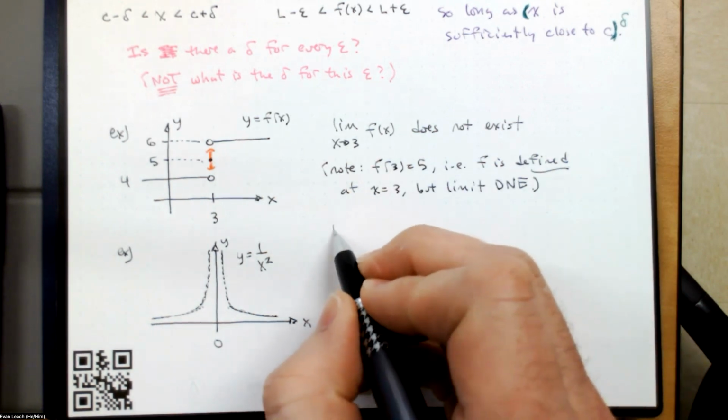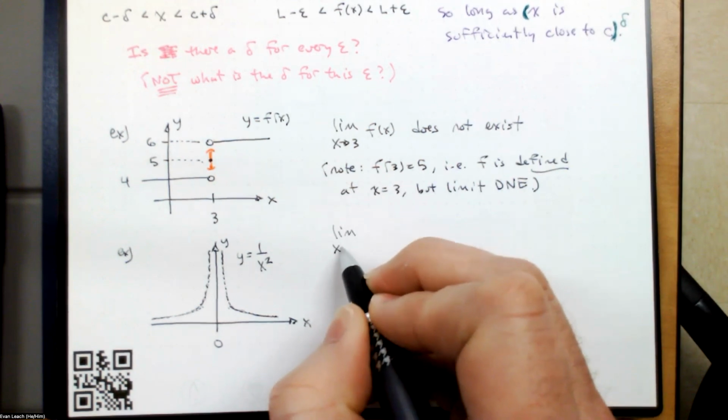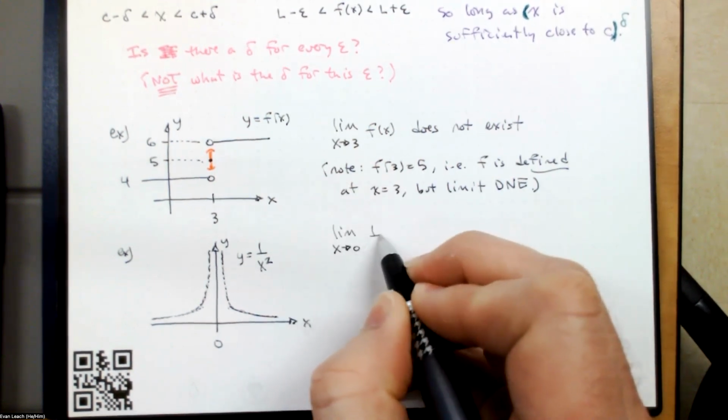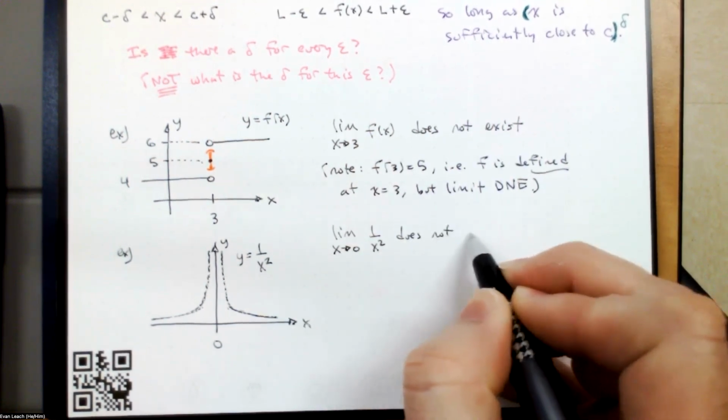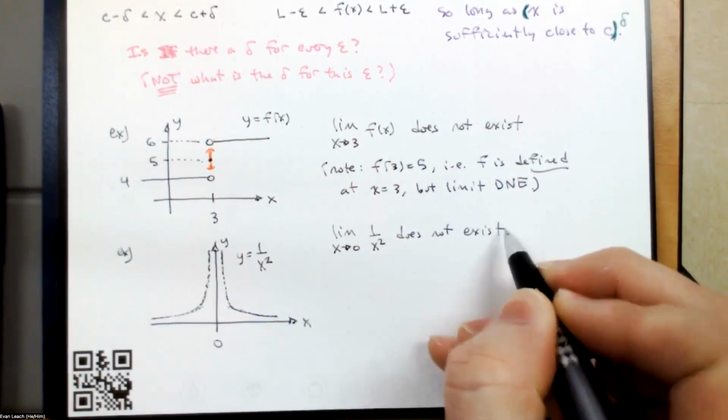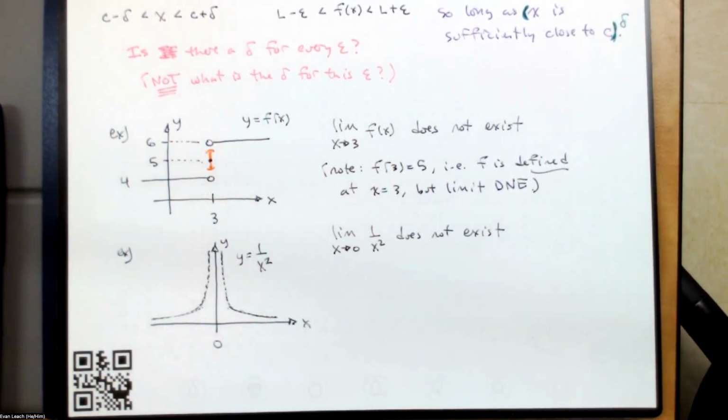Well, in this case, the limit as x approaches 0 of 1 over x squared does not exist. Infinity is not a number. We can't use it as L. It's not a number.